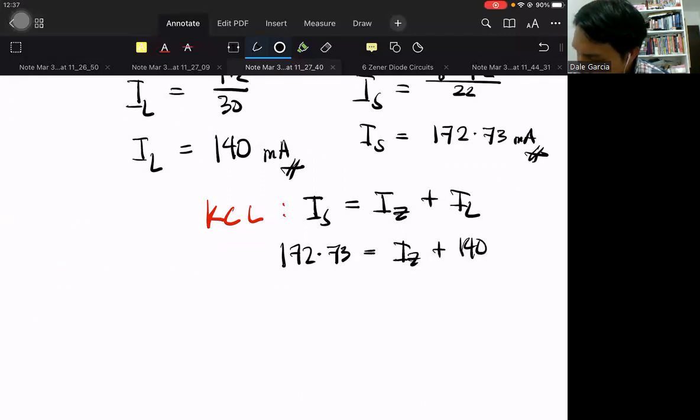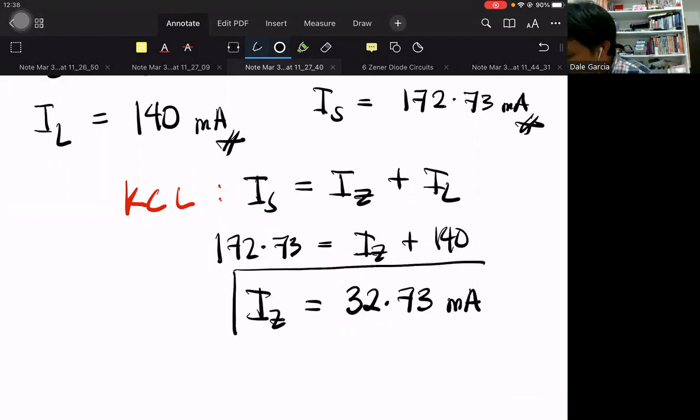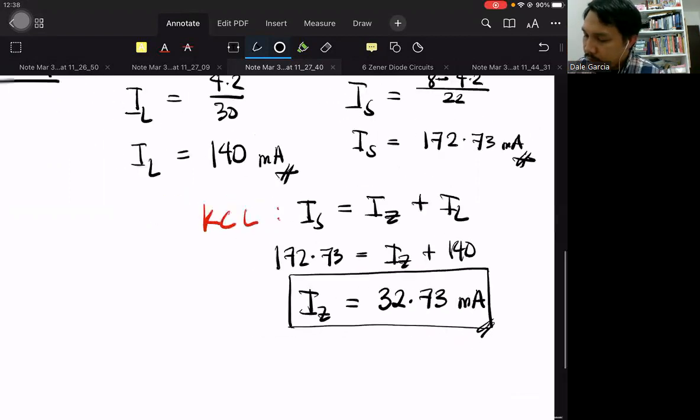So 172.73 minus 140 actually. 32.73 milliamperes. Maybe for two decimal places, okay na siya. As long as kaniang process of obtain sa final answer. Okay.